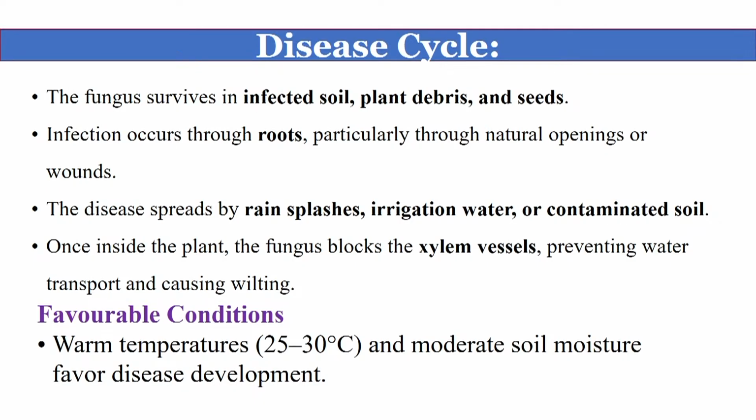Once it enters the plant, the fungus completely chokes the xylem vessels and prevents water transport, and that's why it creates wilting symptoms. The favorable condition for the spread of the disease is a warm temperature of 25 to 30 degrees centigrade, and moderate soil moisture favors disease development.